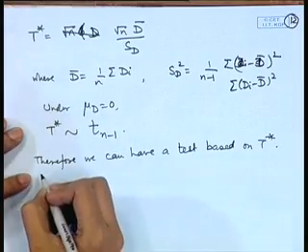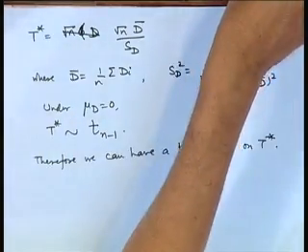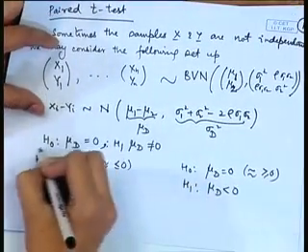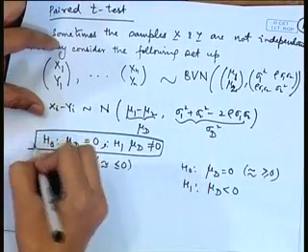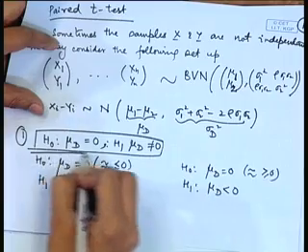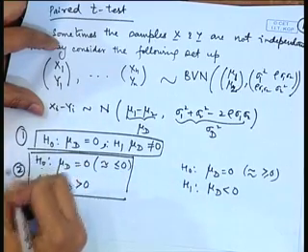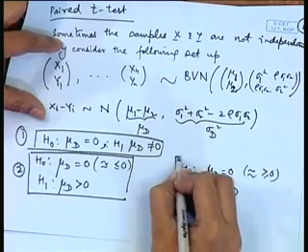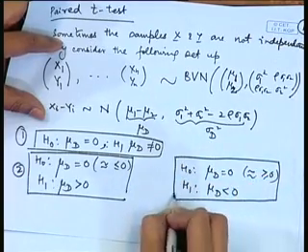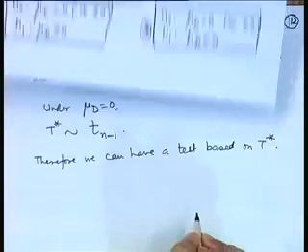So, for example, let me name these hypotheses here, let me call this one as say hypothesis problem 1, this one I can consider as problem 2, this one I can consider as say problem 3. Okay.